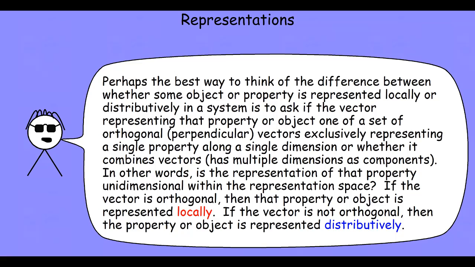In other words, is the representation of that property unidimensional within the space? Now, if our vector is orthogonal, if it's one of these axis vectors, then the property is represented locally. If the vector is not orthogonal, then the property is represented distributively.